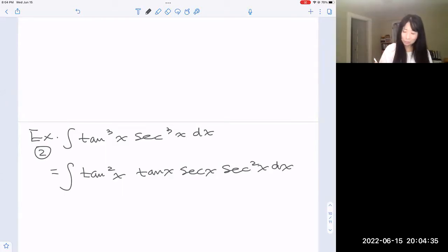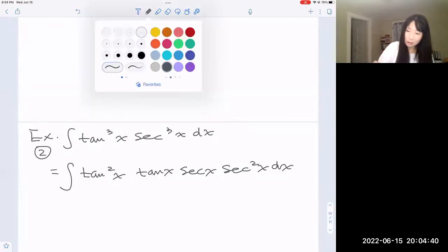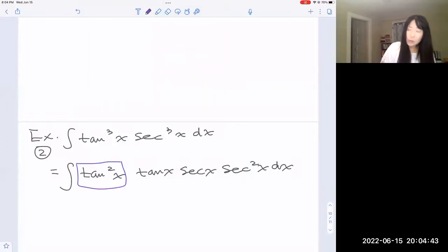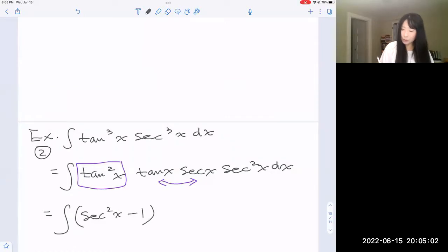Now, this one, we're gonna use Pythagorean identity, and I want to use the changed order, secant x, tan x, so that we can see easily. So we have secant square x minus 1 and secant x, tan x, secant square x dx.